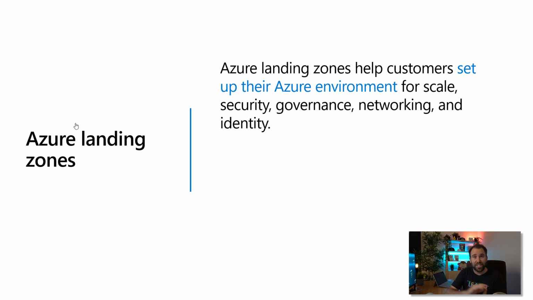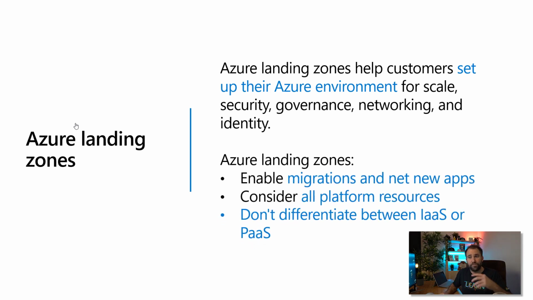It helps you set up your multi-subscription environment to implement all of that in a way which works for your environment. So when we build these landing zones, they help you not just to migrate your existing applications, but also to deploy net new applications. And they're not just focusing on, for example, virtual machines or IaaS workloads.